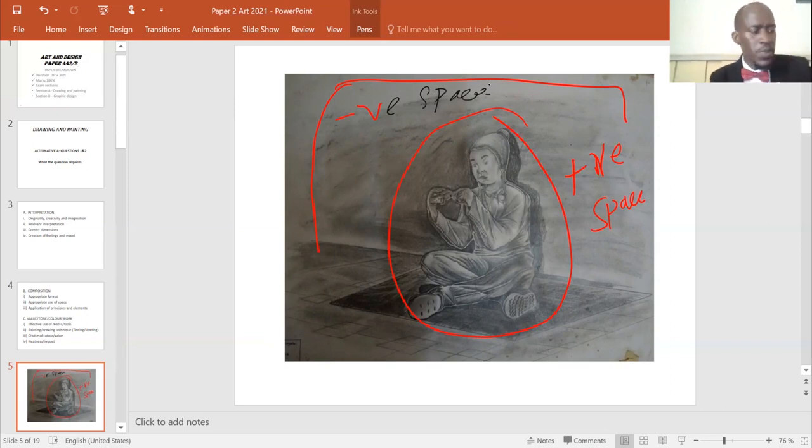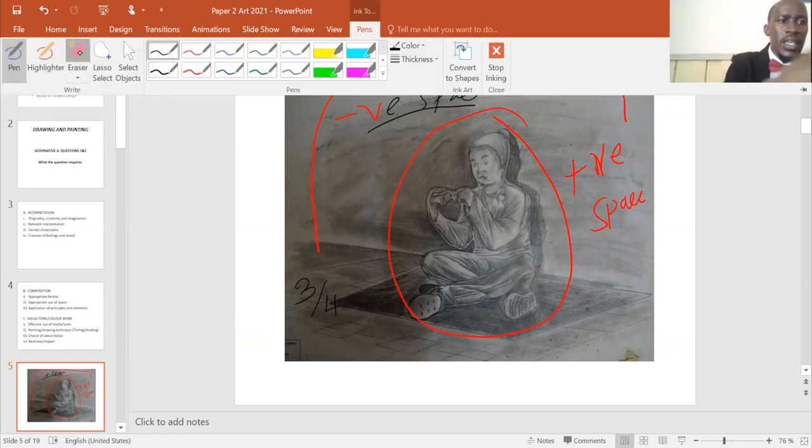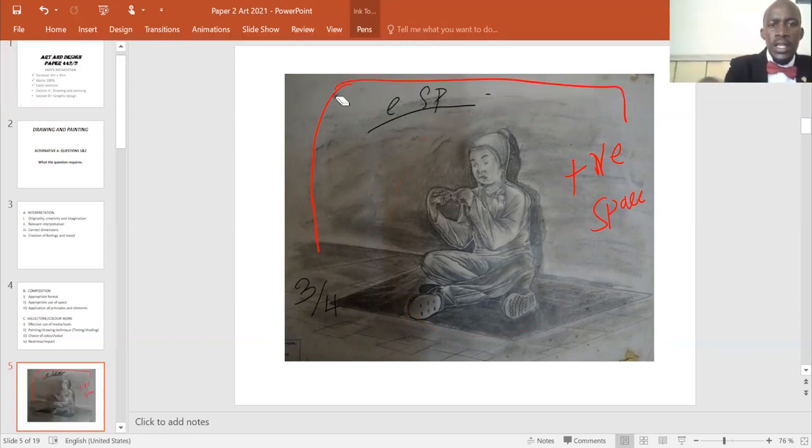Now, how you use your space matters a lot. You should not have too much negative space in your work. Advisably, 3/4 of your working space should be occupied by positive space, meaning you must be able to balance your work very well in a given space.